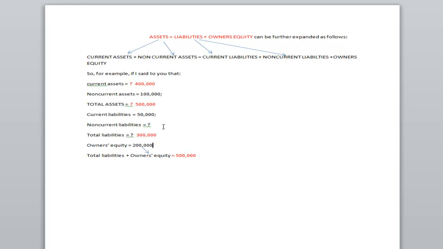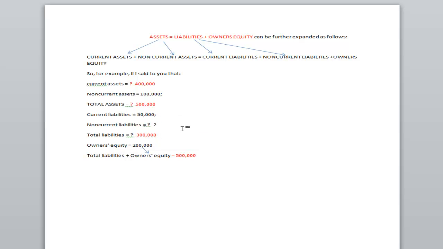Now, can we figure out what our non-current liabilities are? Certainly we can. We know current and non-current are going to give us total, right? We already know current. So what number, such that when we add 50,000 to it, is going to give us 300,000?